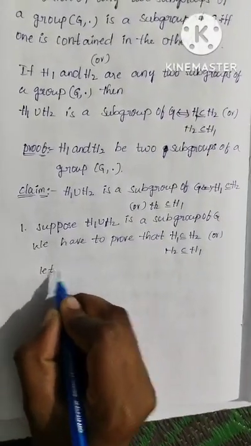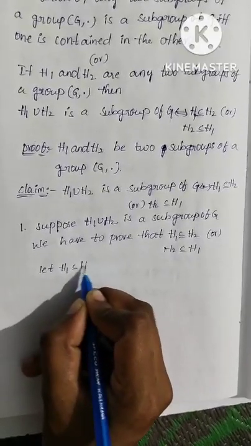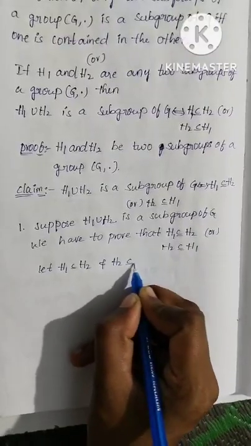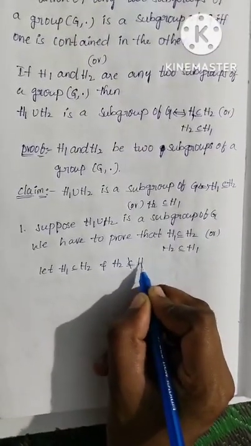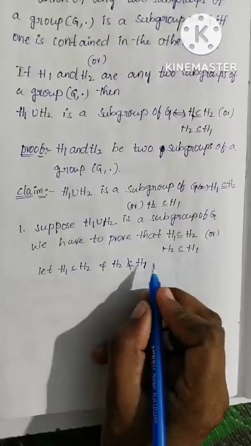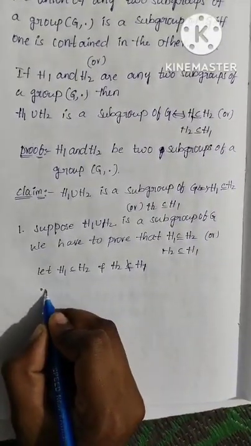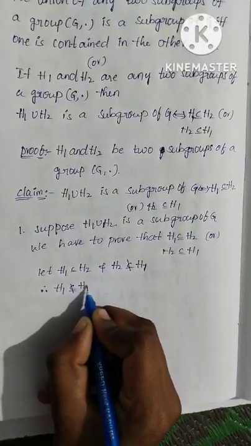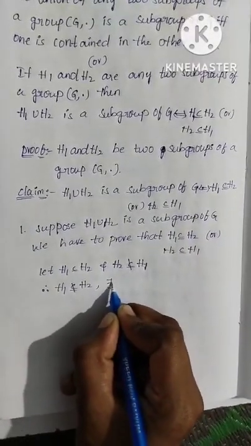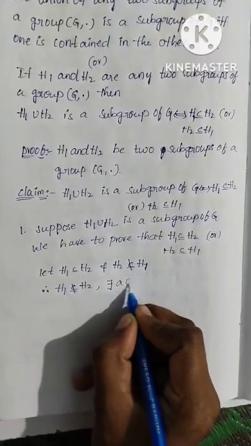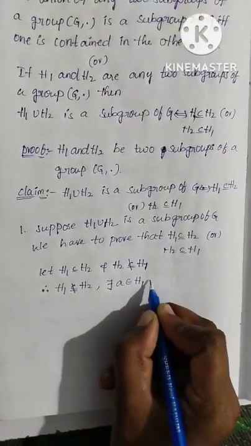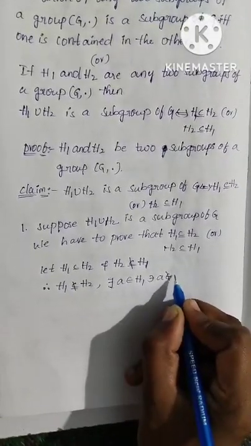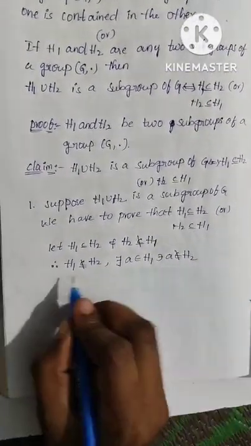Let H1 be a subset of H2 and H2 not a subset of H1. Then H1 is not a subset of H2, so there exists A belongs to H1 such that A does not belong to H2.